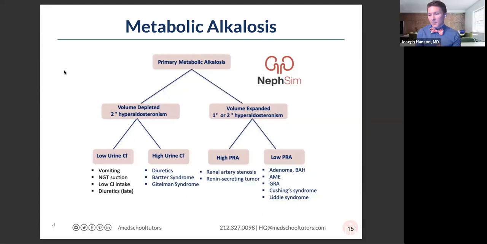I will point this out too, which is kind of important. The only other place in the body where I can really synthesize bicarb would be the stomach, because in order to make gastric acid, we're going to dump hydrogens into the stomach, and we have to get those hydrogens from somewhere. We get them from carbonic acid. It's the one acid we use everywhere. But when I make the hydrogens and put them into the stomach, they leave behind their bicarbonate dancing partner.